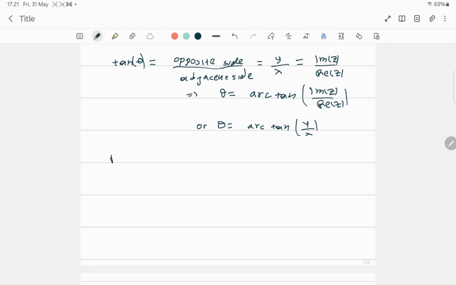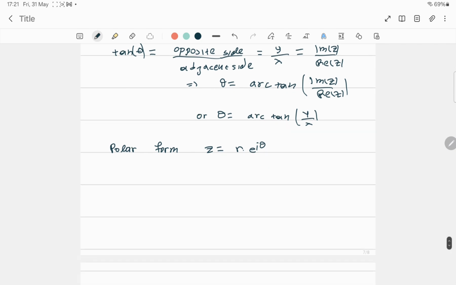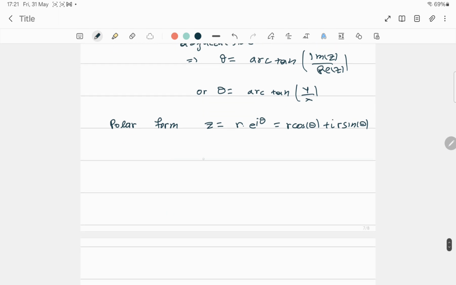So the polar form is z equals r times e to the power of i theta, or you can write it r cos theta plus i r sine theta. So this is my polar form. I can visualize that.